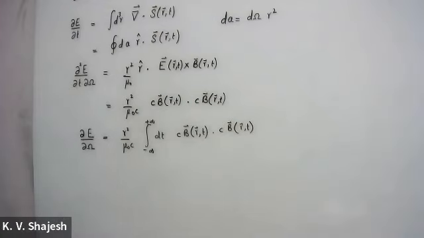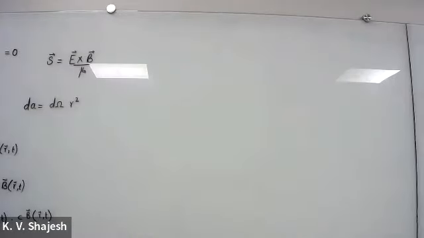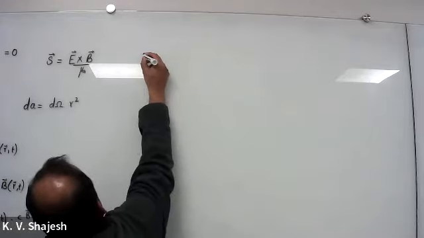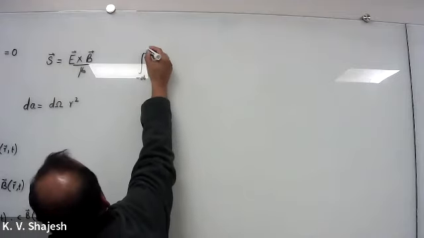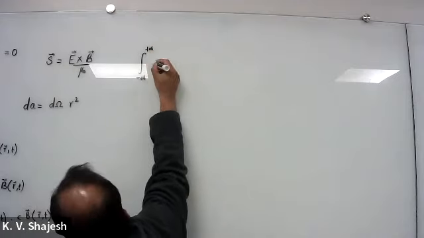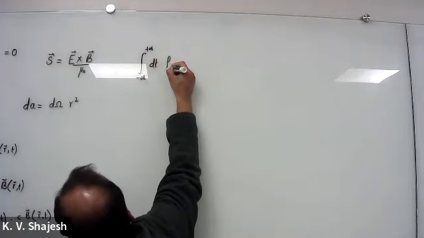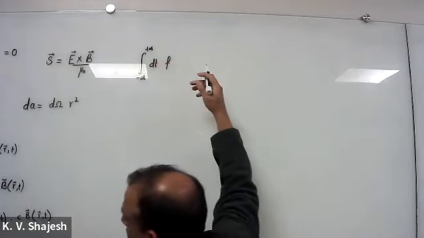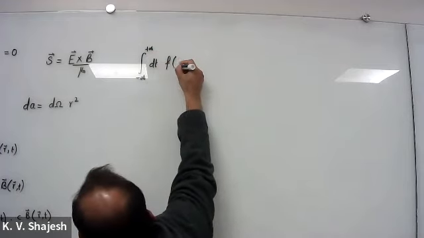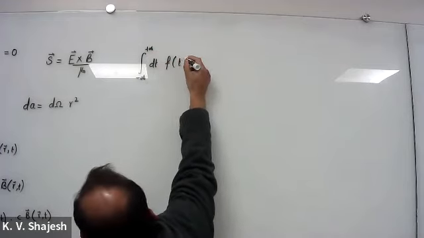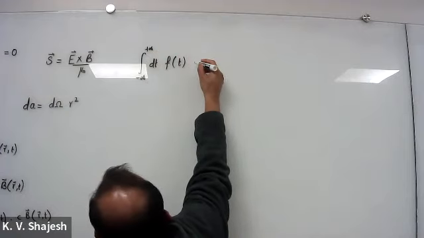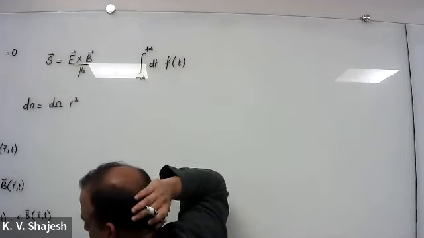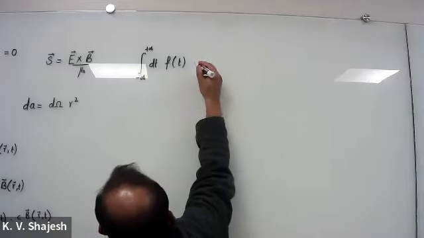Since it's a standard trick, let me do that on a separate board space. Let me take any function. It doesn't have to be a magnetic field. So this is f of t, and let's say g of t.